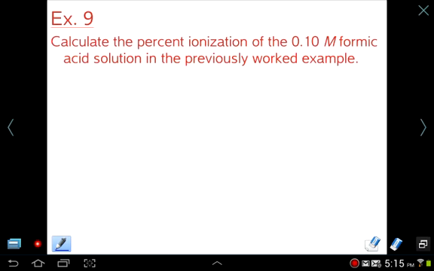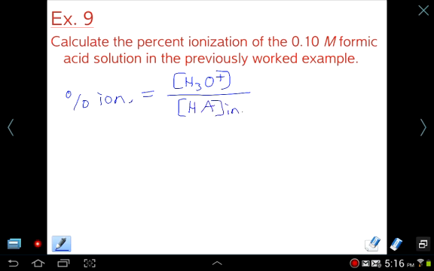Yeah, we're asked to calculate the percent ionization for the 0.10 molar formic acid solution that we worked. So percent ionization, we said, is simply the equilibrium concentration divided by the initial concentration. So H3O plus over the HA initial, and then times 100.